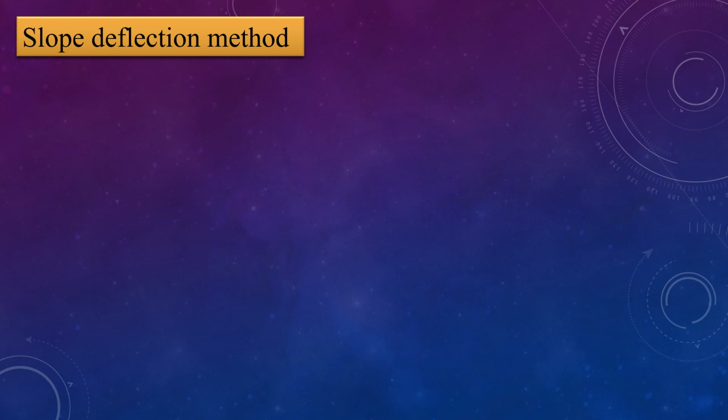Then the slope deflection method. In the slope deflection method, two types of equations are formed. First is the joint equilibrium equation, and the second is the shear equation.